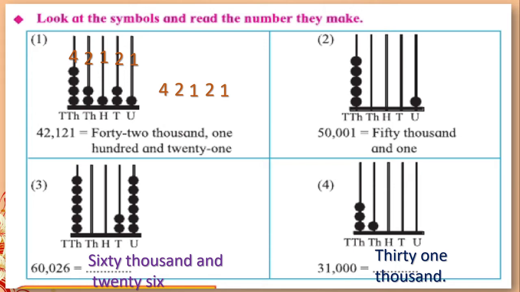Because in the hundreds, tens and unit places we can see 0 0 0. I hope you understood this, right? This is nothing but a 5-digit number, meaning up to the 10,000s place.